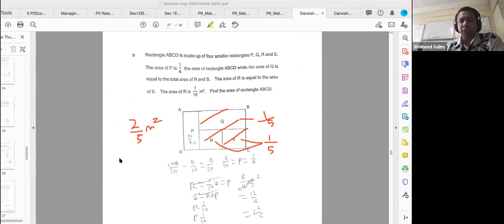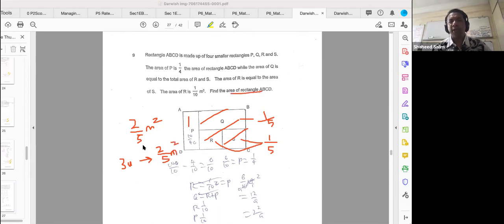But this is considered 3 units. Because this is 1/4. This is 1 unit. 3 units. Are we okay? Okay, so 3 units is 2/5. You want to find how many units? 4 units, because total is 4 units.